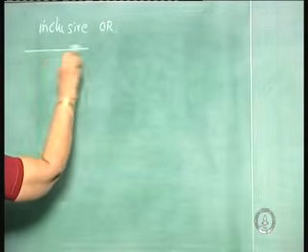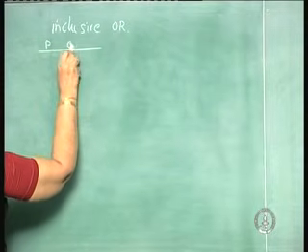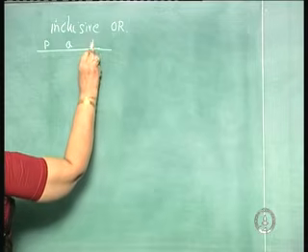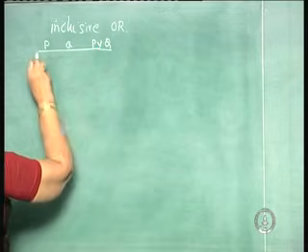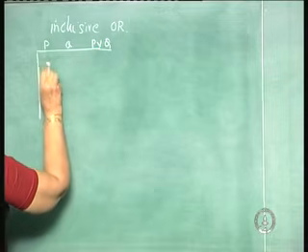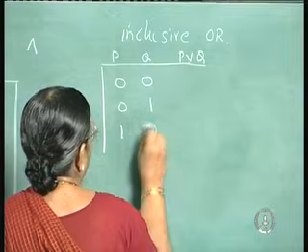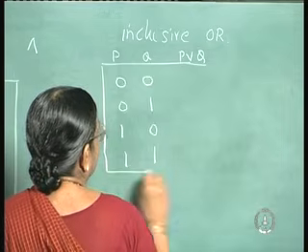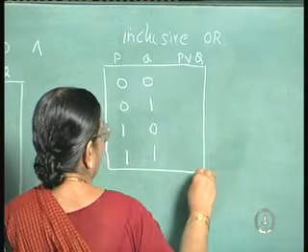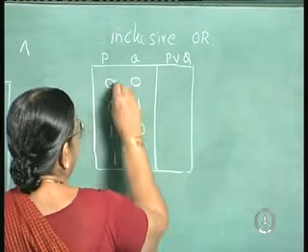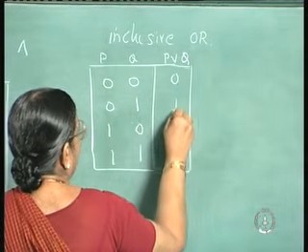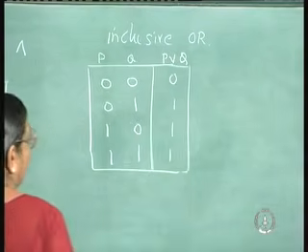And the truth table for that will be like this: P, Q, P or Q; 0 0 0, 0 1 1, 1 0 1, 1 1 1. 0 denotes false and 1 denotes true, and when both of them are false, this is false. When one of them or both of them are true, this will be true.